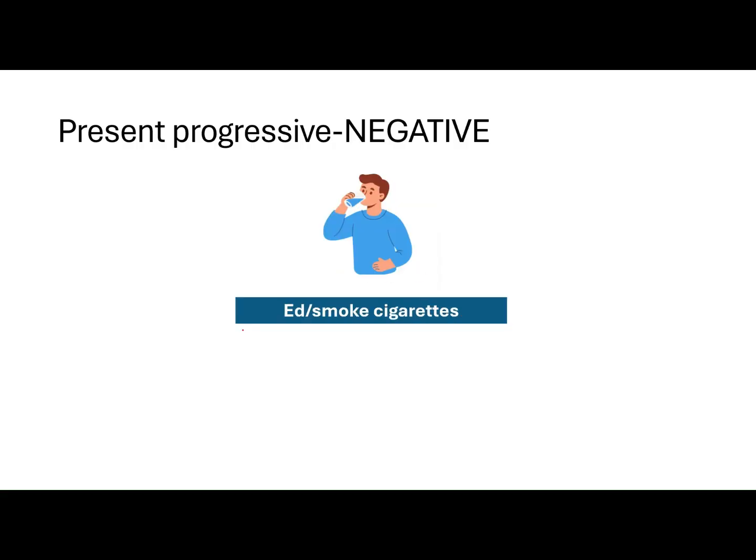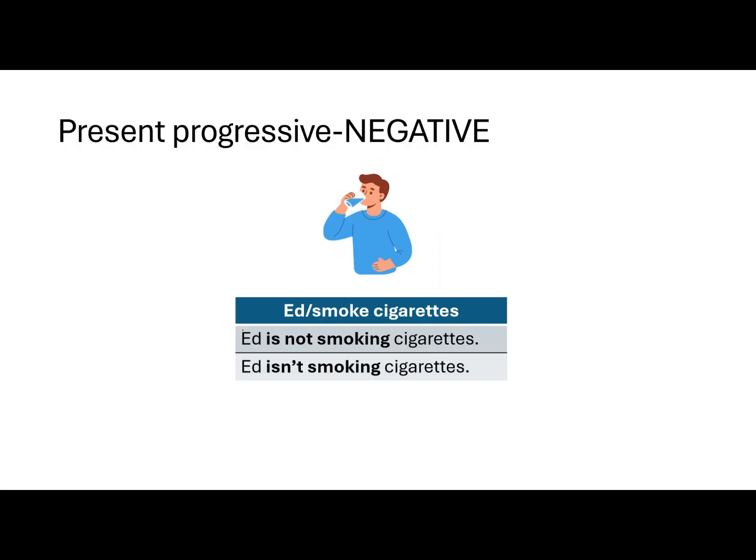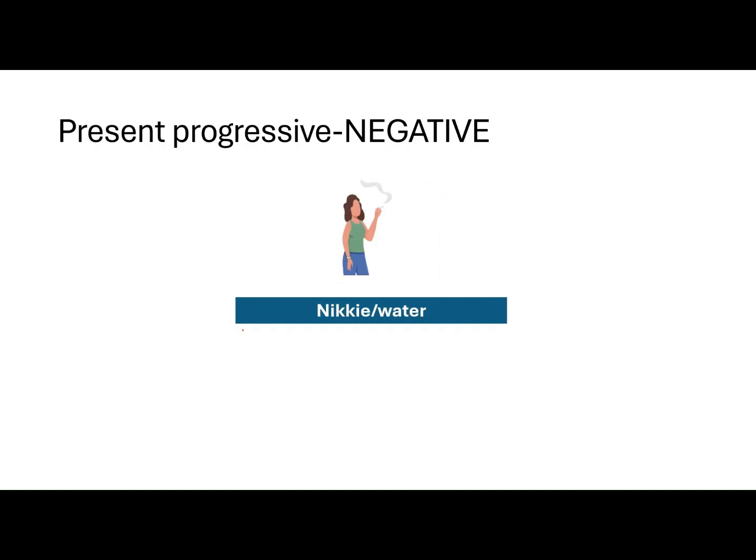Can you make a negative present progressive sentence with this picture and these words? Ed is not smoking cigarettes. Ed isn't smoking cigarettes. So I have those 2 ways for that sentence. Now we have Nikki and water.